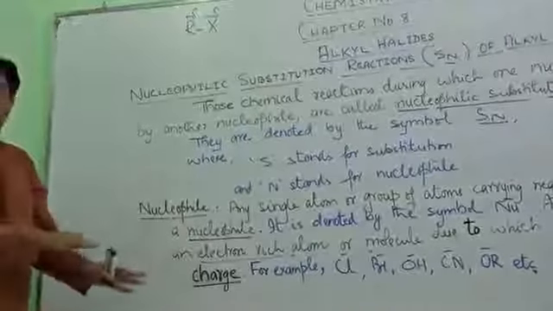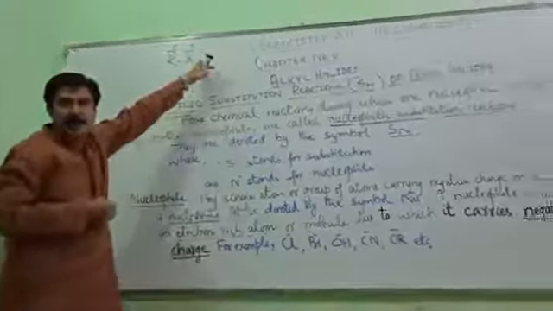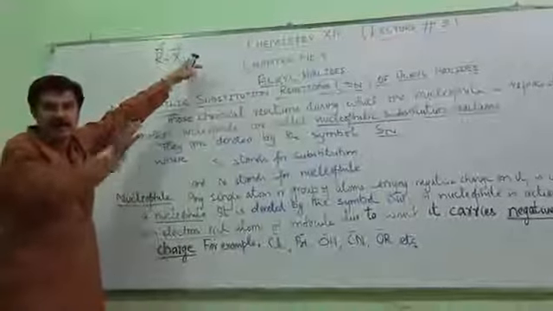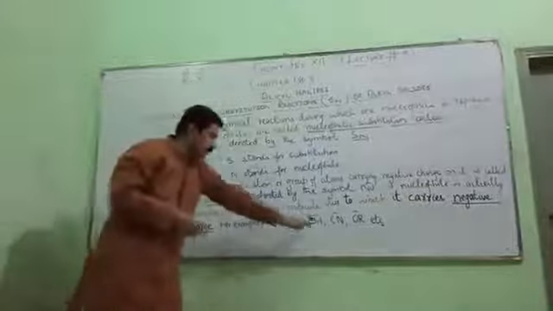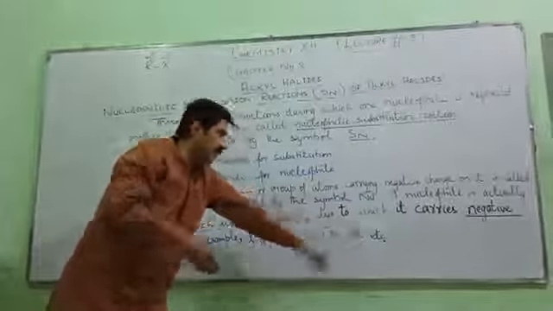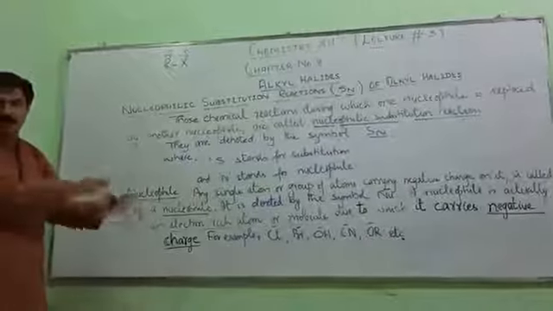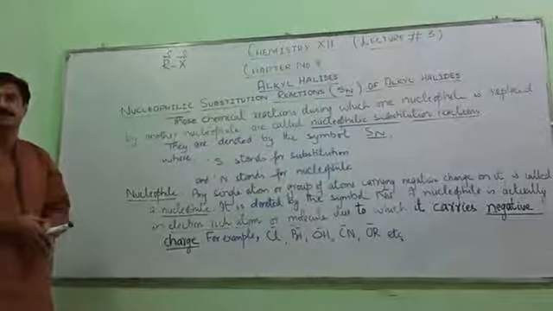Such reactions in which we replace the halogen atom as a leaving nucleophile from the alkyl halide molecule, and in place of that introduce any other nucleophile like hydroxide ion, cyanide ion, or alkoxy ion, and form a new product, are called nucleophilic substitution reactions.